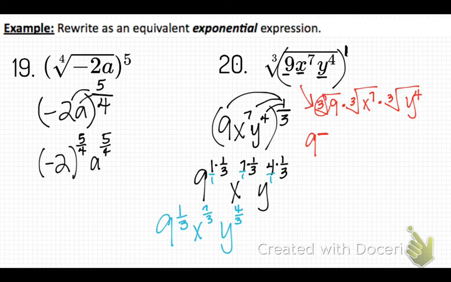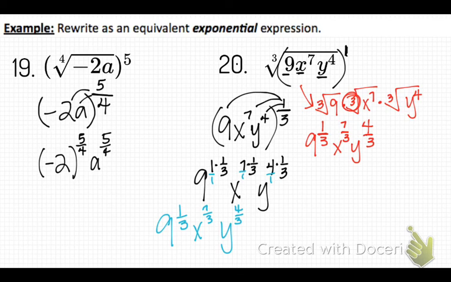What's the root? Okay, and what's that power? Okay. For x, what's the root? 3 still. What's the power? 7. And for y, what's the root? 3. And what's the power? So I get the same thing both ways. There's just 2 different methods, okay?